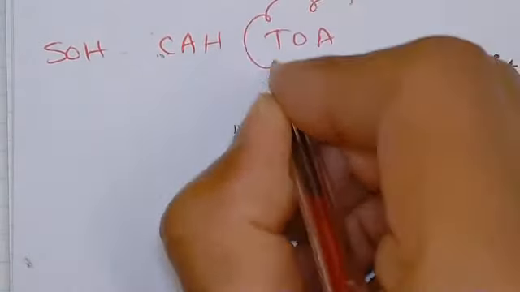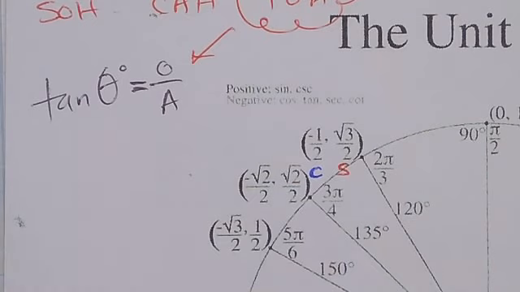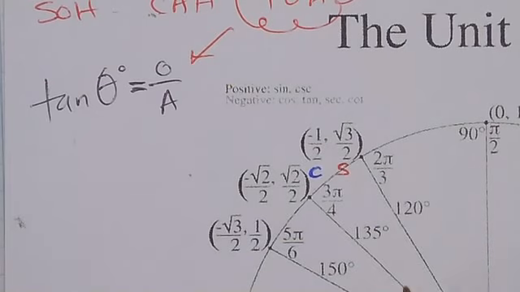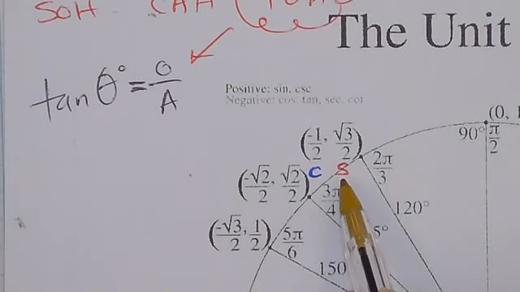We're good, Jose? Okay. So, Jose, tell them how they're going to get opposite over adjacent right here. Sine would be opposite, because you have your answer for sine right here.